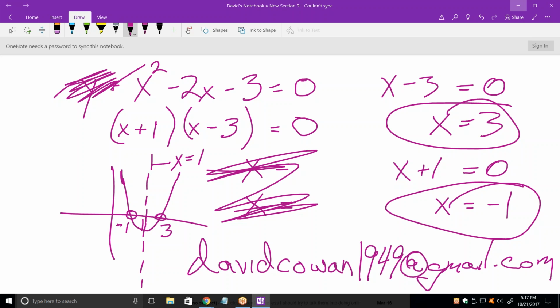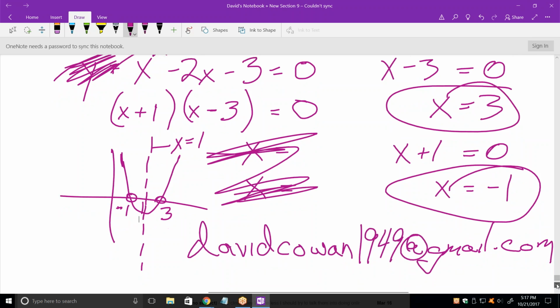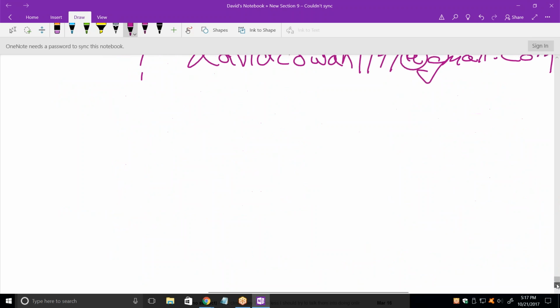The next one I have is x equals -2b over 2a, and the vertex. X equals what? -b over 2a. That's the formula for finding the x-coordinate of the vertex if it is in standard form.